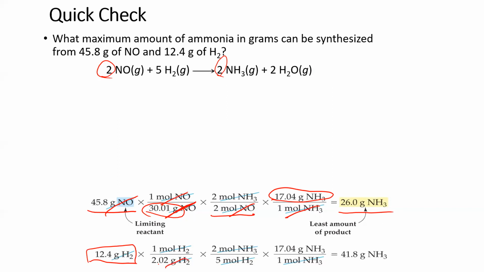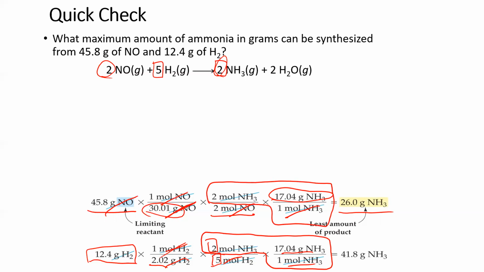There's 2.02 grams of hydrogen per 1 mole. There's 3 moles of hydrogen per 2 moles of ammonia. So moles of hydrogen cancel. And in 1 mole of ammonia, there's 17.04 grams. And notice that this last half, this is why I love stoich, is exactly the same as this one, because you're converting it to the same unit, grams of ammonia.